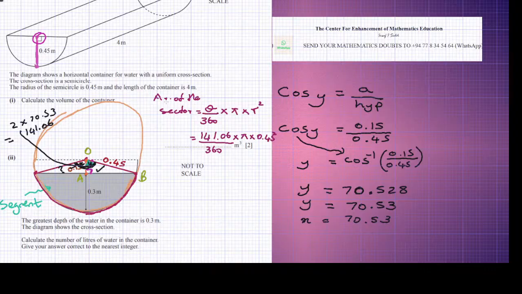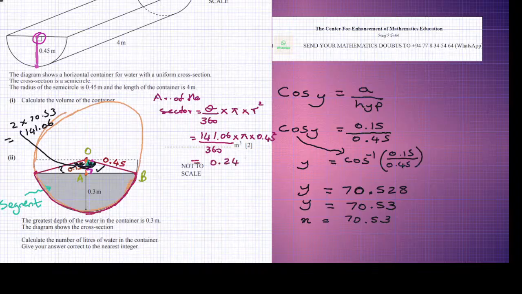You can try the multiplication. Alright, so when we multiply, we get 0.2492.